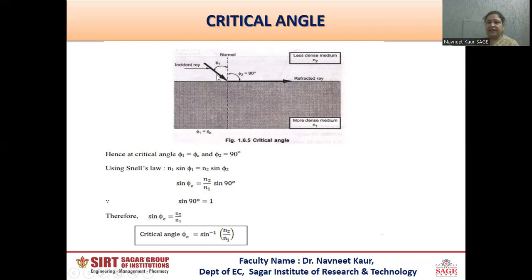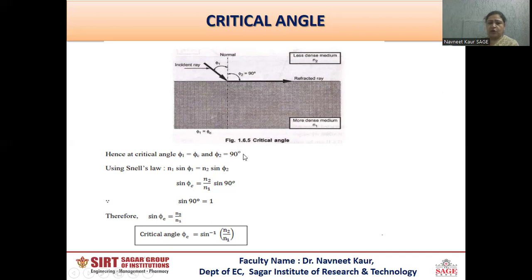That means the light will not propagate in the second medium. Rather, it will be propagated back into the first medium. So, the angle after which the ray propagates in the same medium is known as the critical angle.